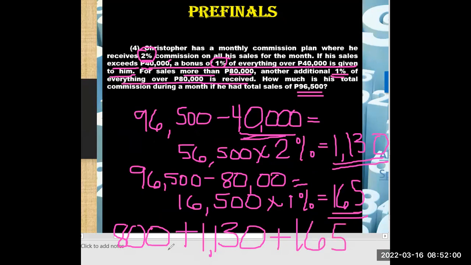So, add natin lang yan lahat. So, yung total commission niya during a month ay is equals to, lagyan natin peso sign, 2,095. Yan yung kanyang magiging commission for the entire month.